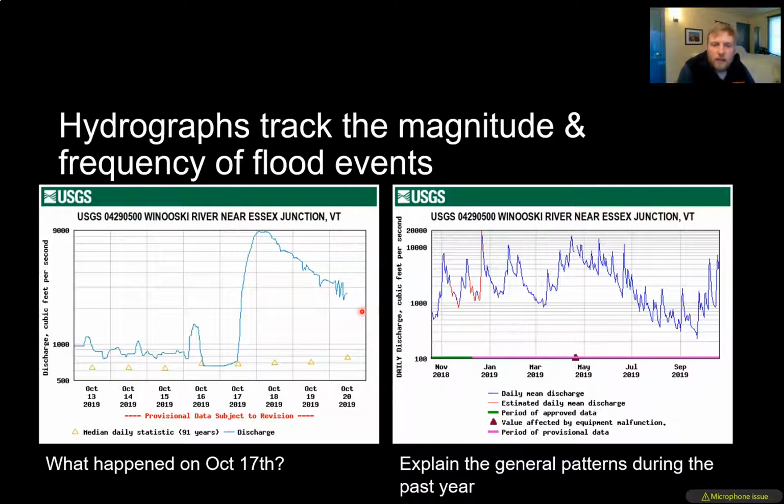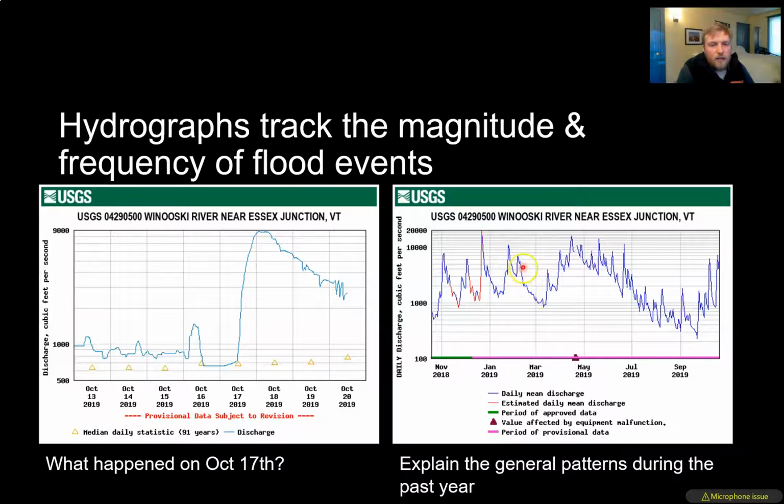But then we can also look at a broader time scale, right? And we can look at big changes in discharge across the year and use that to think about what is causing them. So at that same measuring station on the Winooski, we can see the effect of late fall, early winter precipitation events that causes big spikes in flooding.